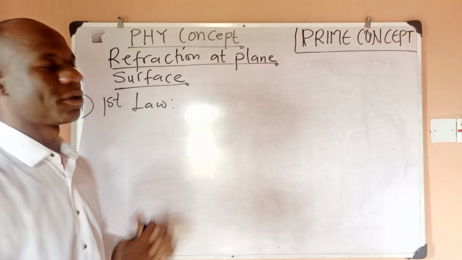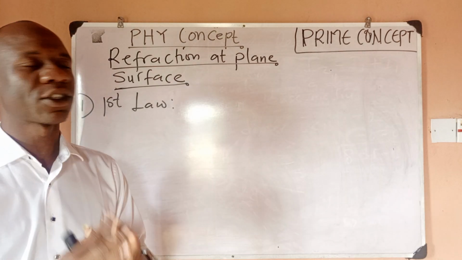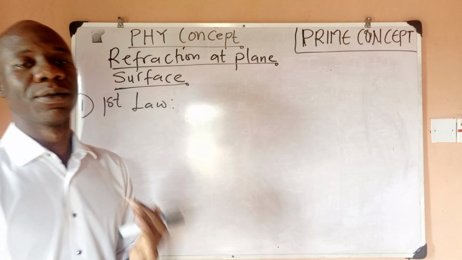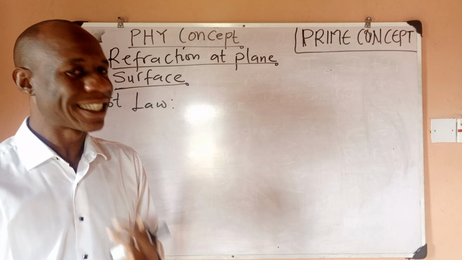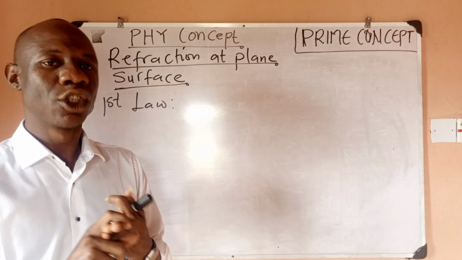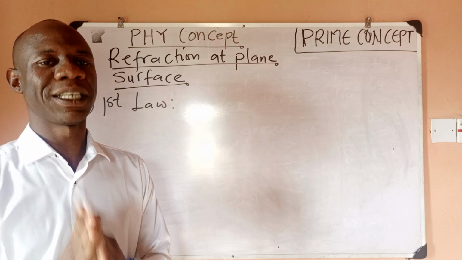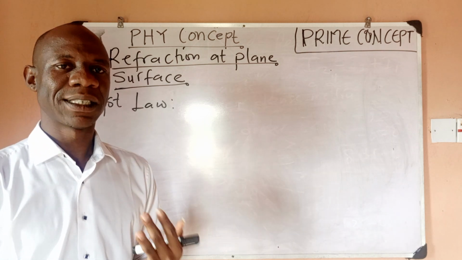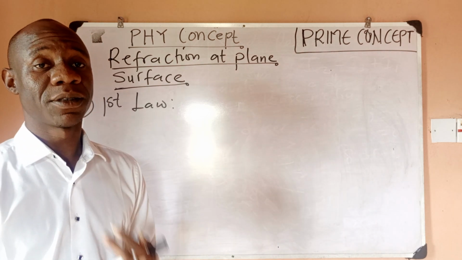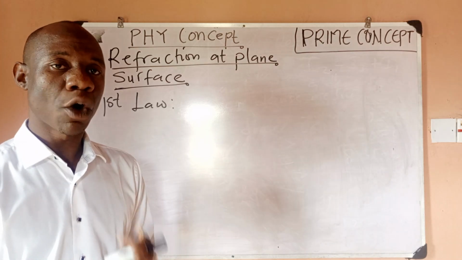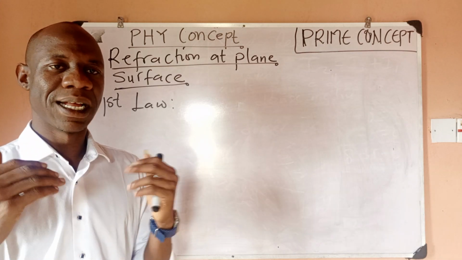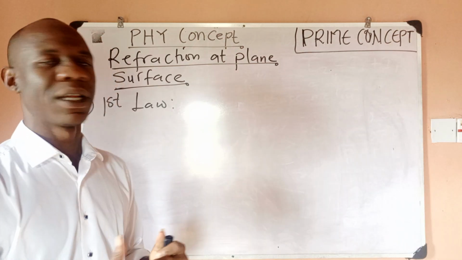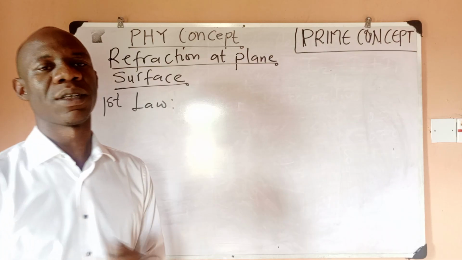The first law of refraction simply says that the incident ray, the refracted ray, and the normal at the point of incidence lie on the same surface or plane. So I explained that when we talked about this similar law in reflection.